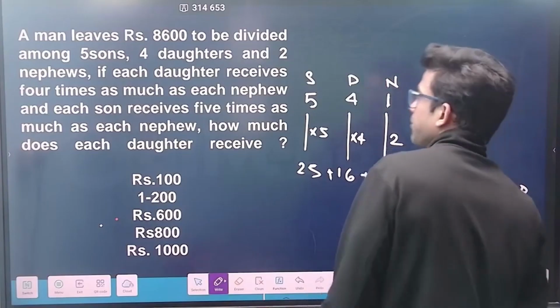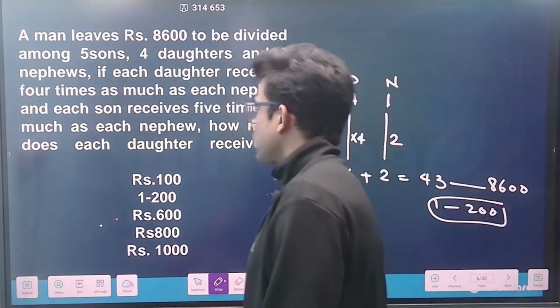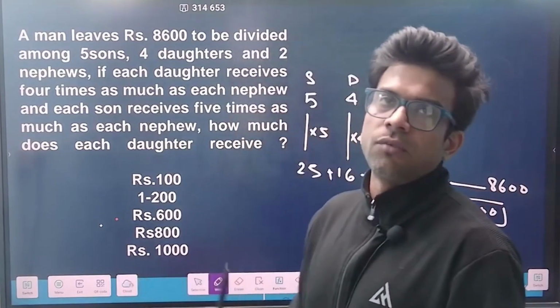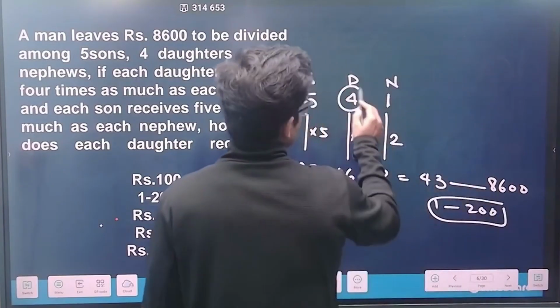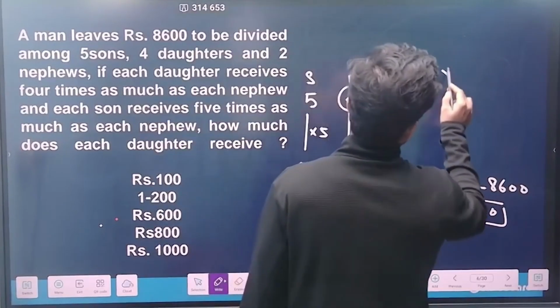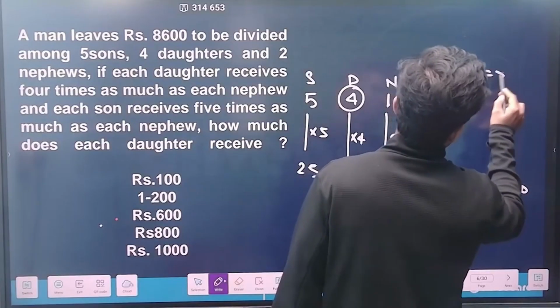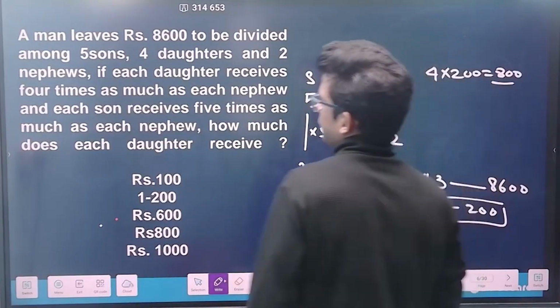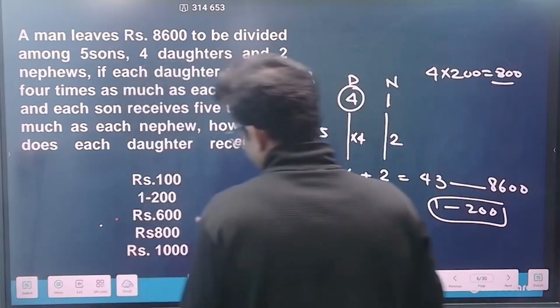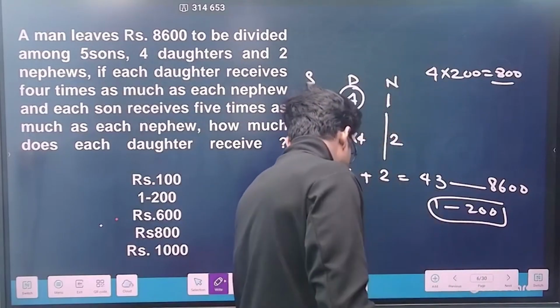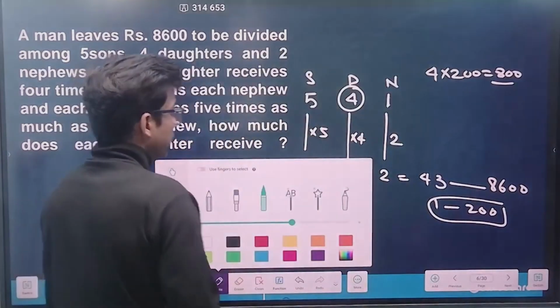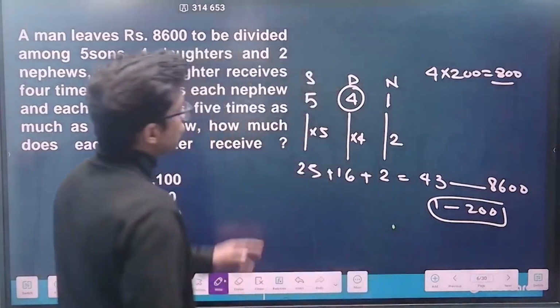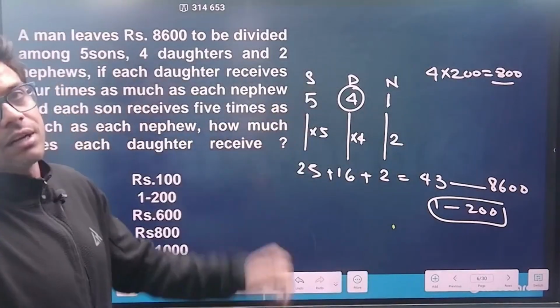They are asking how much each daughter receives. The daughter is receiving 4, so 4 into 200, which is 800. This question is quite confusing and not very logical in nature, but you should understand the ratio of 5 sons, 4 daughters and 1 nephew would be there.